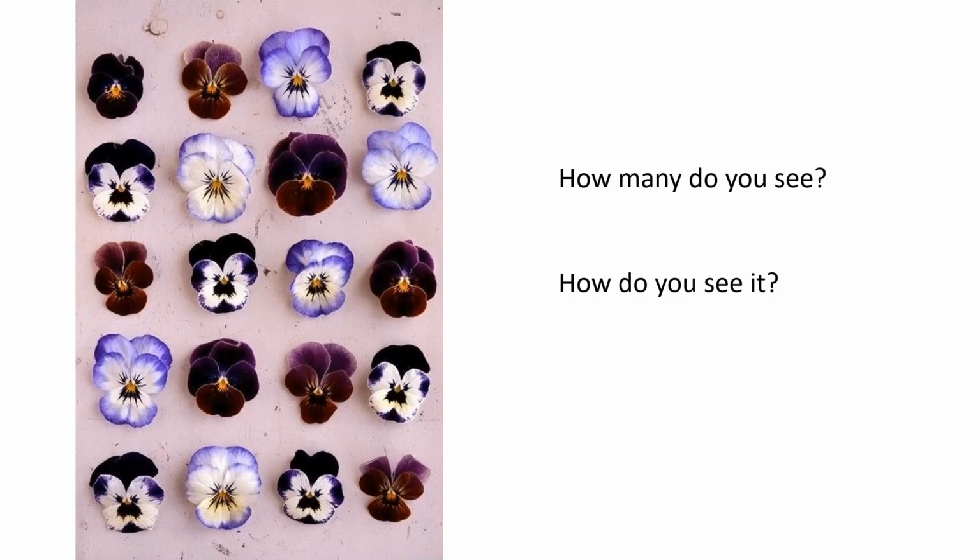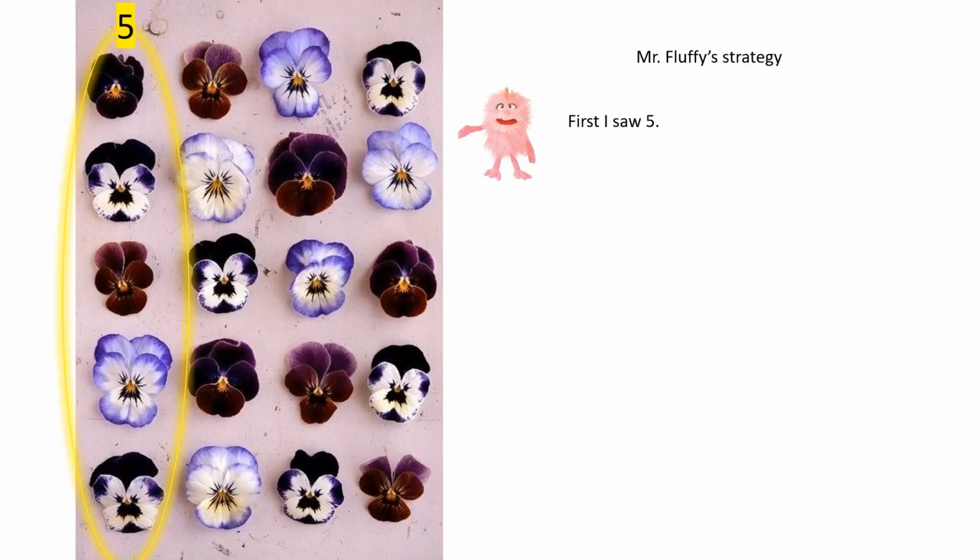All right, mathematicians, how many do you see? How do you see it? You may choose to pause the video as you think of your strategy. How many do you see? How do you see it? First, let's hear Mr. Fluffy's strategy.